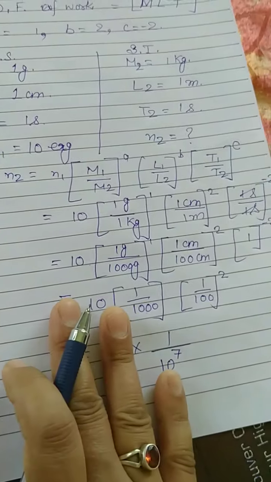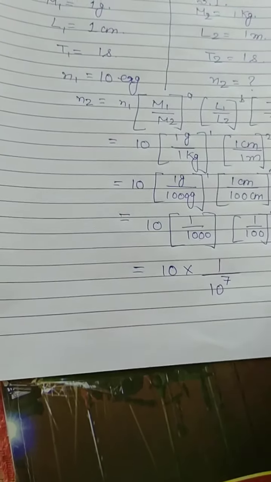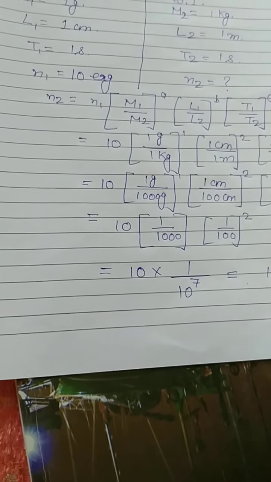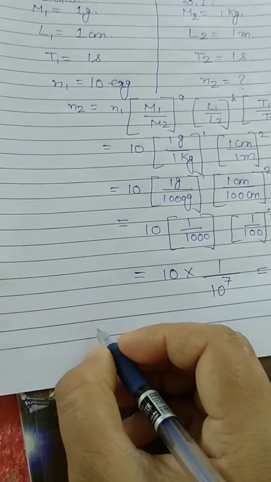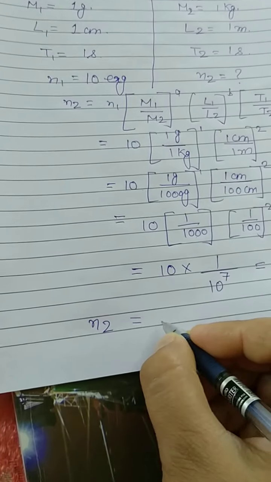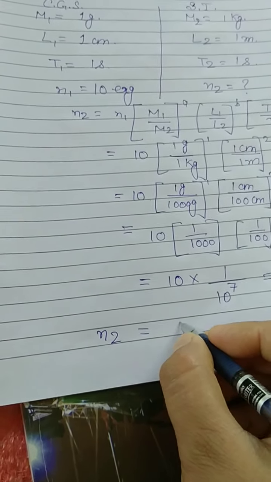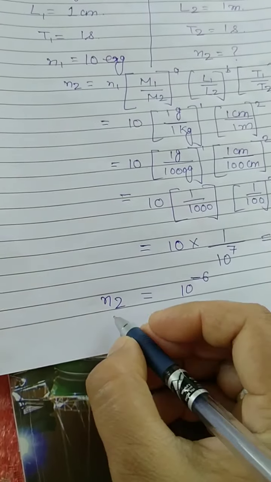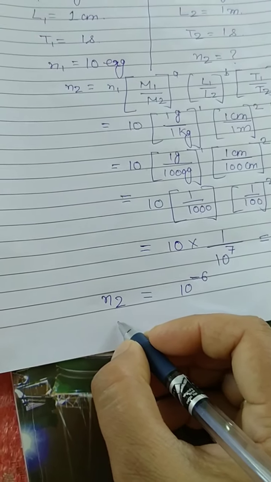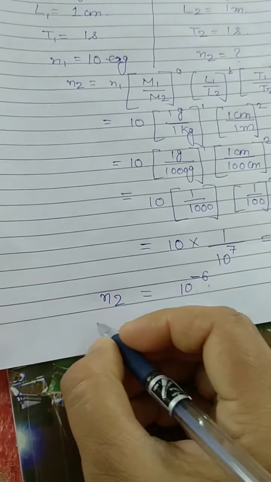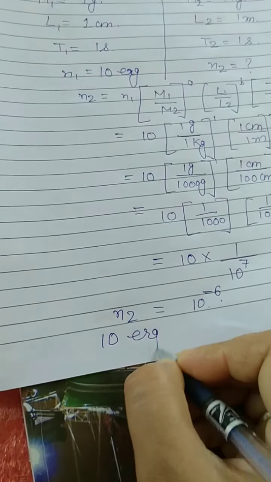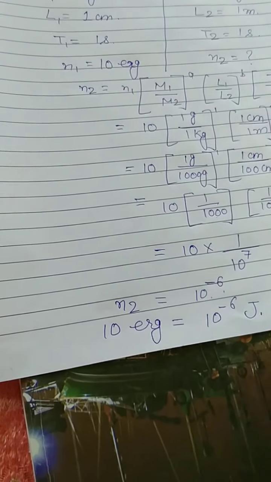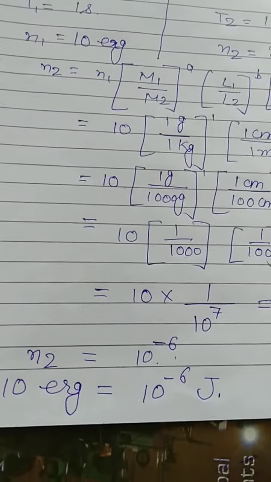Now further solve it. This is equal to 10 raised to power minus 6. Clear? So we can say N2 is equal to 10 raised to power minus 6. Clear, students? So hence 10 erg is equal to 10 raised to power minus 6 joule. Clear? This is the answer of this numerical.